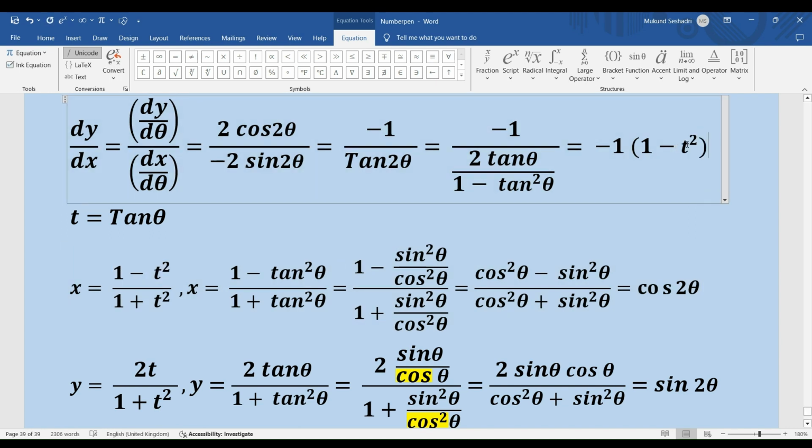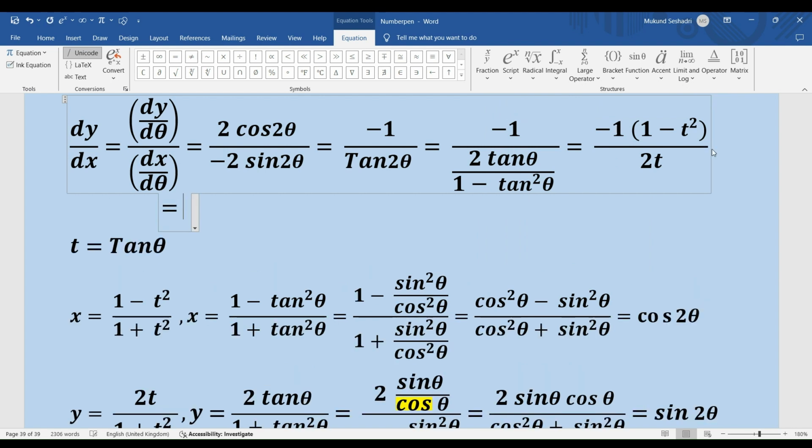And then my 2 tan theta is nothing but 2t. So there I have arrived at my final answer more or less. Let me go to the next step.